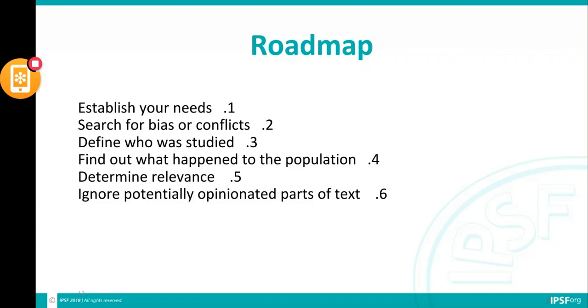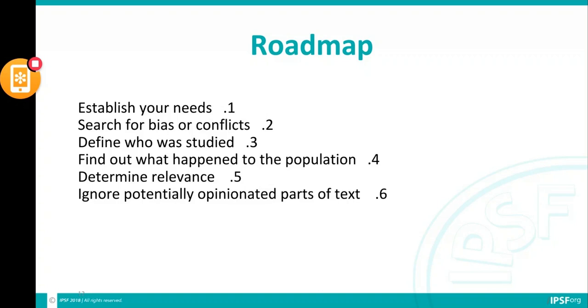But could it also be negative? It could be incidences of heart attack, of stroke, of blood clot. So other things that have happened to these patients that could indicate an increased risk or just a decreased quality of the intervention. So both of those you want to look at when you're looking at outcomes and what happened to that population.